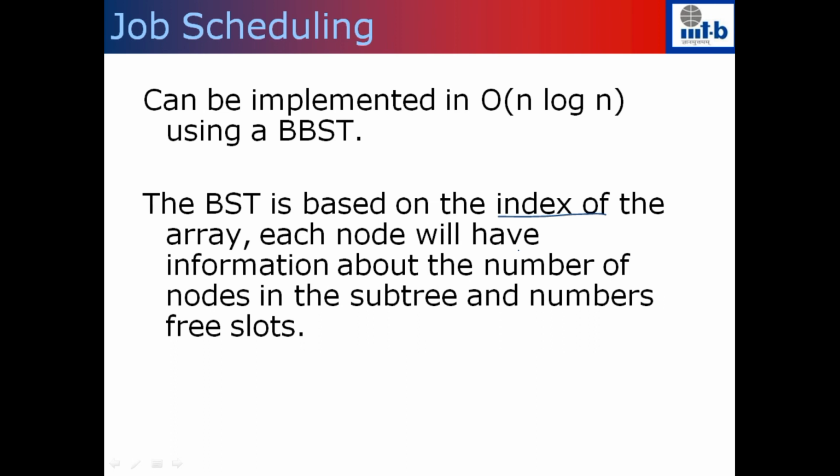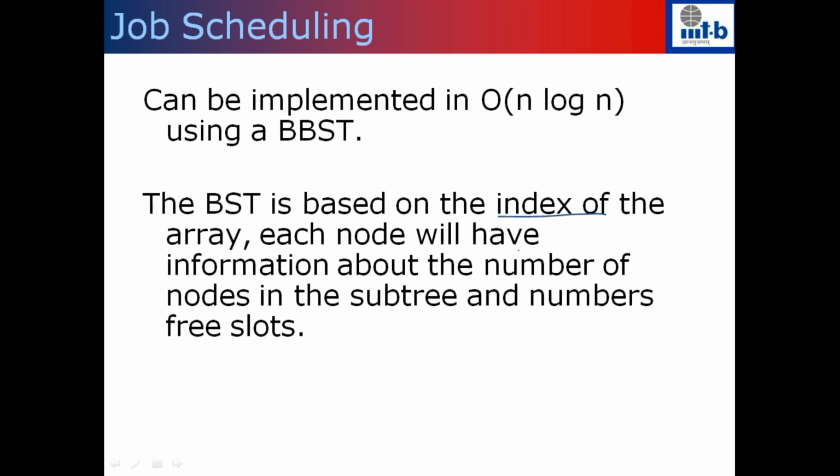Using these two additional pieces of information and doing some clever operations on this particular binary search tree, we can answer the question: given an I, whether there is anything free before the deadline of this particular job, and even if there is one, we have to find the day on which it has to be scheduled, with the policy that I want to schedule it as late as possible.